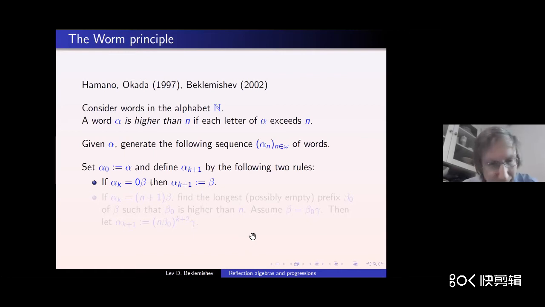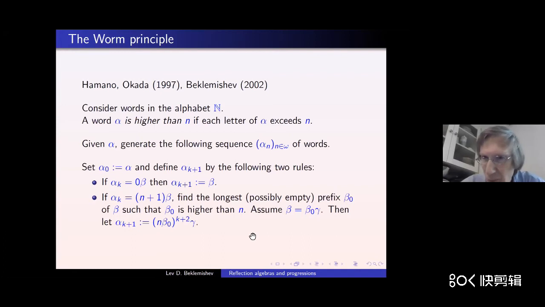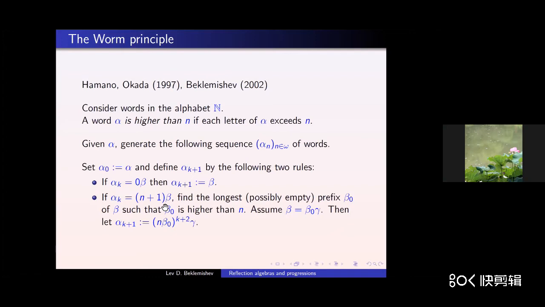And then, if alpha k begins with any letter larger than 0, the letter n plus 1, then we should do the following. We should find the longest, possibly empty, prefix beta 0 of the word which is higher than n. Can you see my pointer as I'm pointing it? Yes, I can. We can see. Okay, very good.